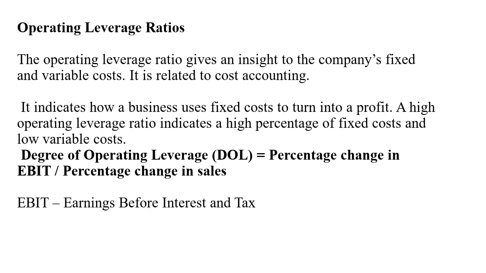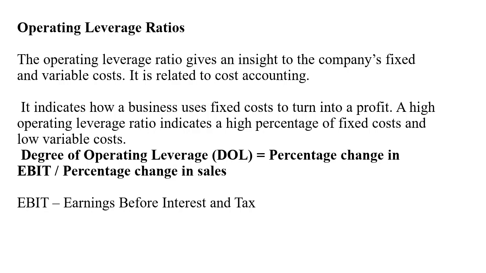Operating leverage ratios. The operating leverage ratio gives an insight into the company's fixed and variable costs. It is related to cost accounting. It indicates how a business uses fixed costs to turn into a profit.